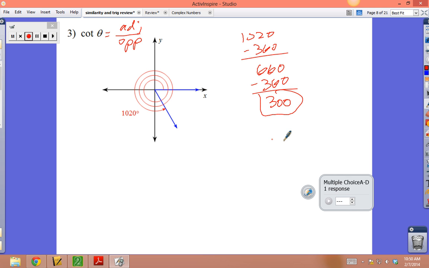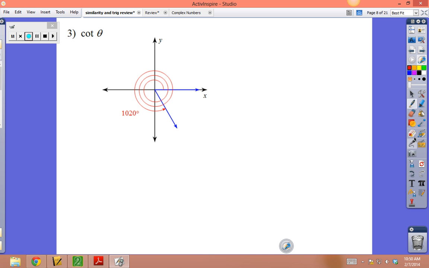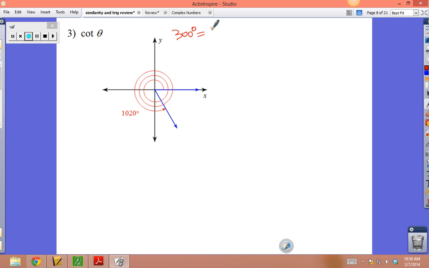So if I rotate 300 degrees, 300 degrees is the exact same as 1020 degrees. Each quadrant is a 90.